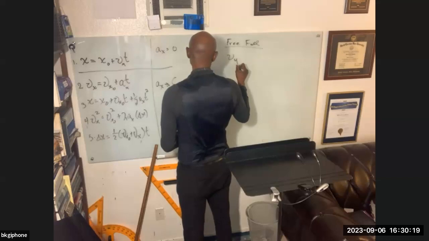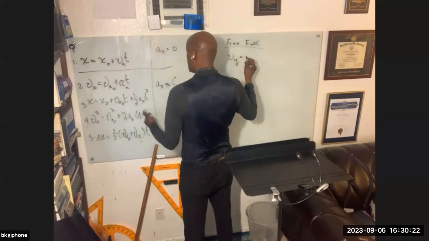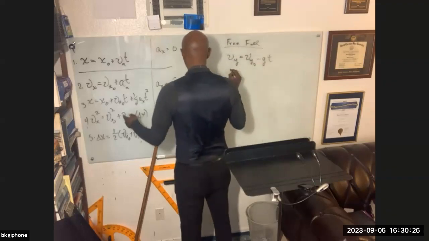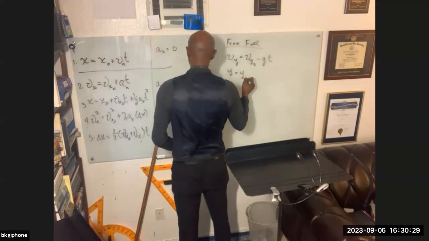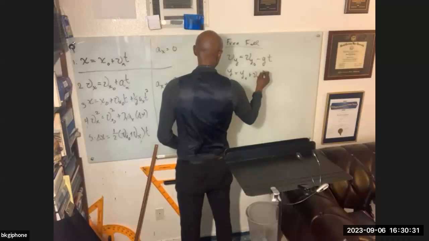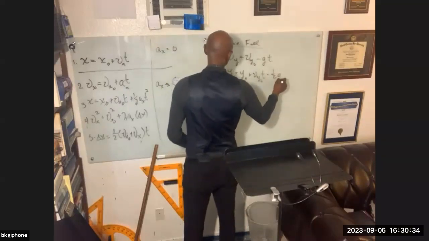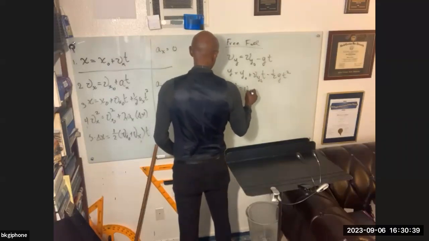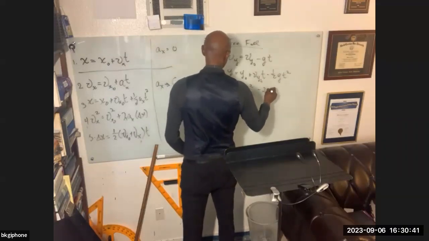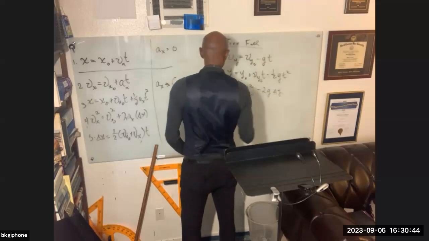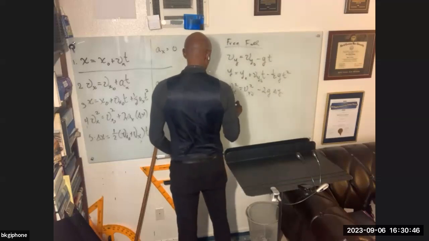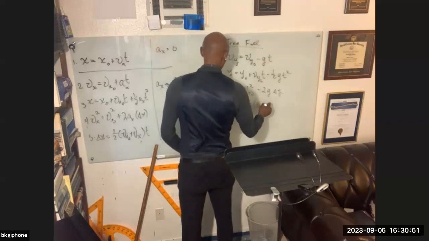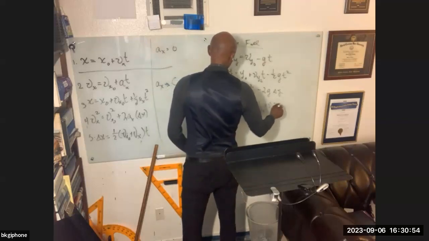Using that notation, it would be vy equals vy naught minus gt, and then y is equal to y naught plus vy naught t minus 1/2 gt squared, plus vy squared equals vy naught squared minus 2g delta y. And then delta y is equal to 1/2 times vy naught plus vy times t.